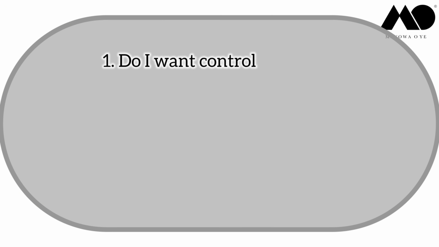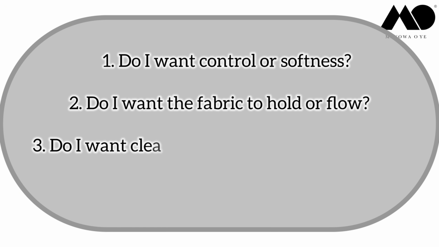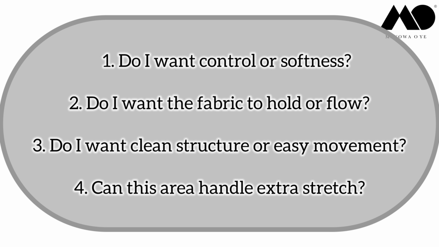Now, here are 4 simple questions to ask before choosing the grain line for your garments. First, ask yourself, do I want control or softness? Second, do I want this fabric to hold shape or flow more? Third, do I want a clean structure or easy movement?